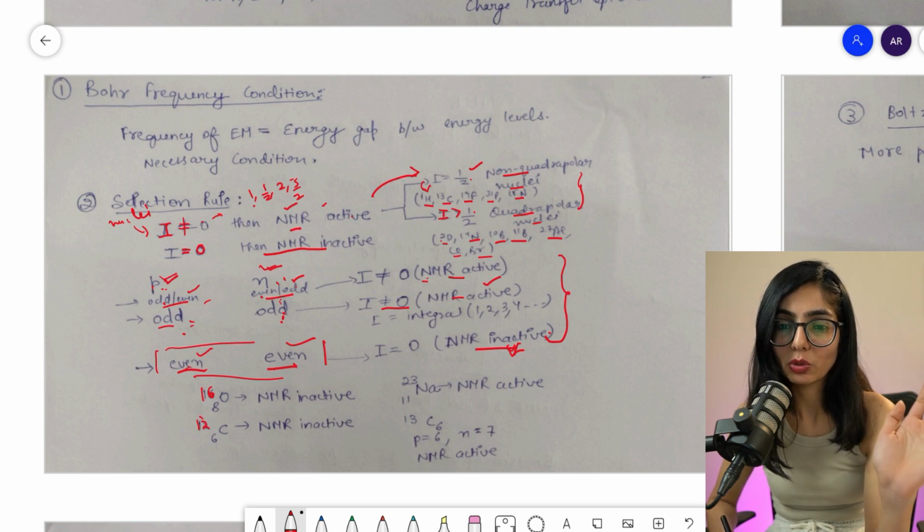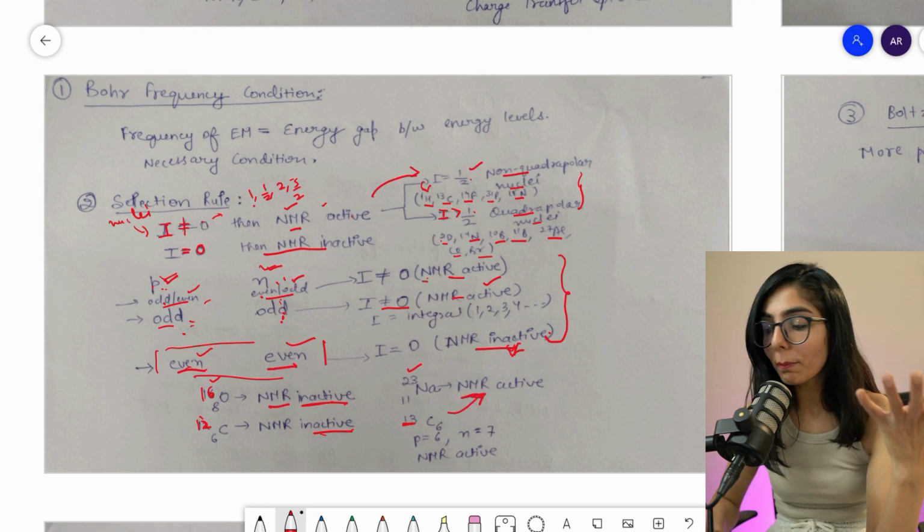Suppose it is 16. 16 divided by 4 is 4, so that would be NMR inactive. 12 is also divisible by 4. Over here, 23 is not divisible by 4, so that would be NMR active. If it is divisible by 4, that will be straight inactive. Over here again it is 13, which is also active.